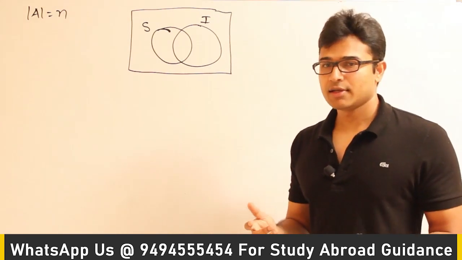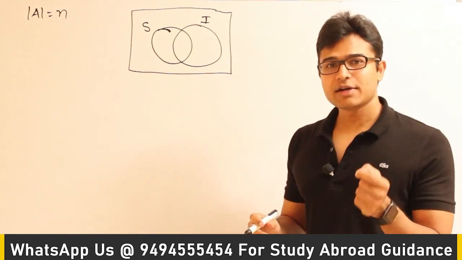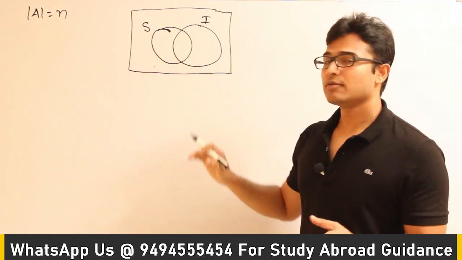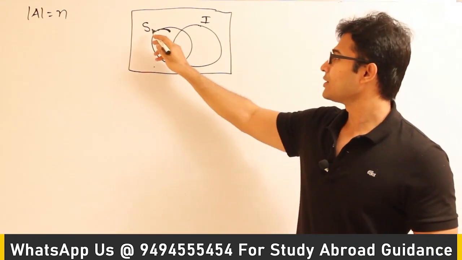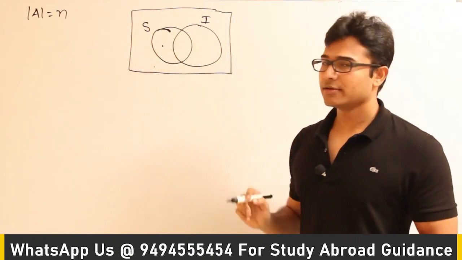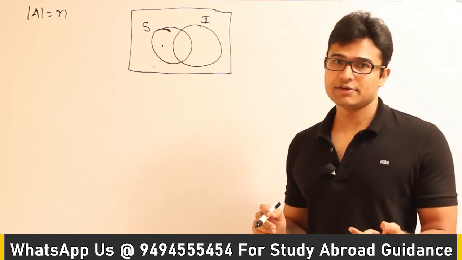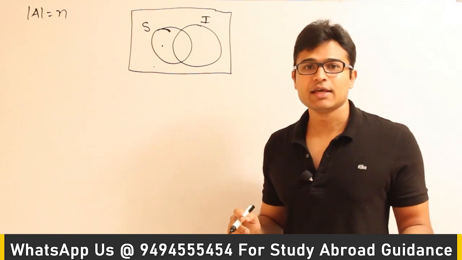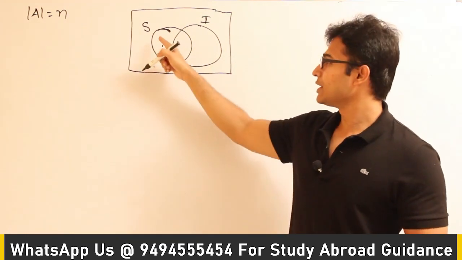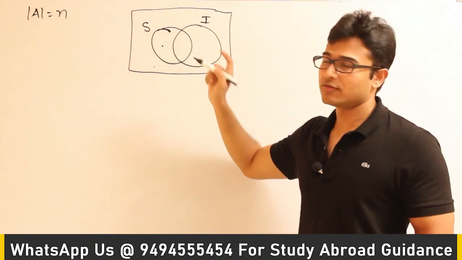How can I test it? If there is at least one relation possible here, then I can say that yes, there will be some relations which are not either S or I. If there is at least one relation that I can find here, then I can say there is a presence of this area, such that there is a relation which is symmetric but not irreflexive.